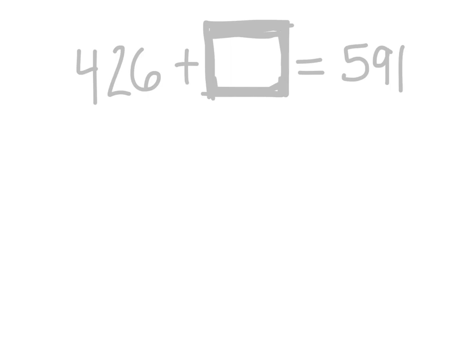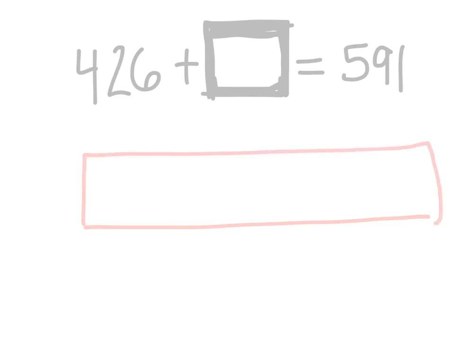Do either of you remember a tool we've been learning about in class that we could use to help us solve this sort of problem? I'll give you a hint. A bar model.